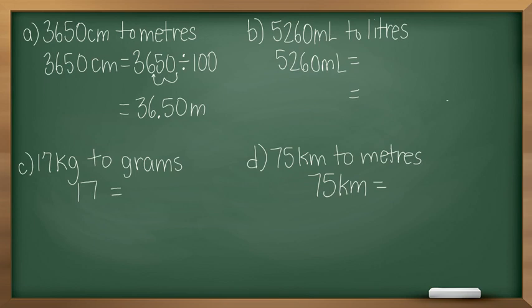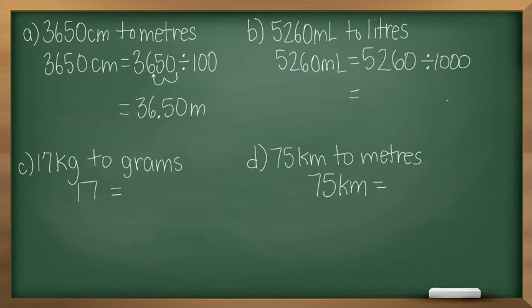So since we're looking for something smaller, we're going to divide, and there are 1,000 milliliters in 1 liter. So we're going to be dividing by 1,000. When we're dividing by 1,000, we're taking our decimal and moving it 3 places to the left. Now remember, when we divided by 100, we moved 2 places.